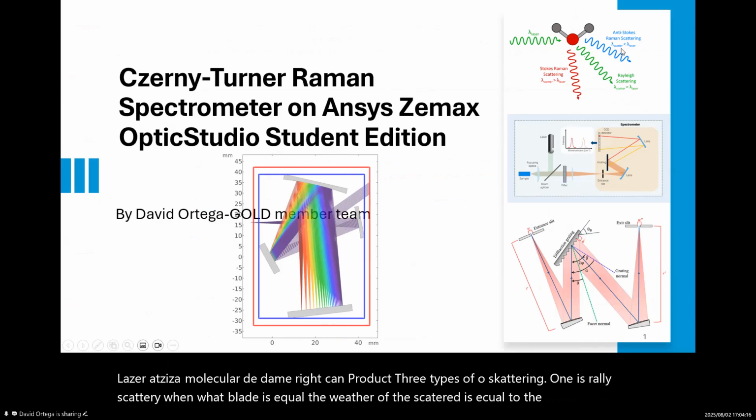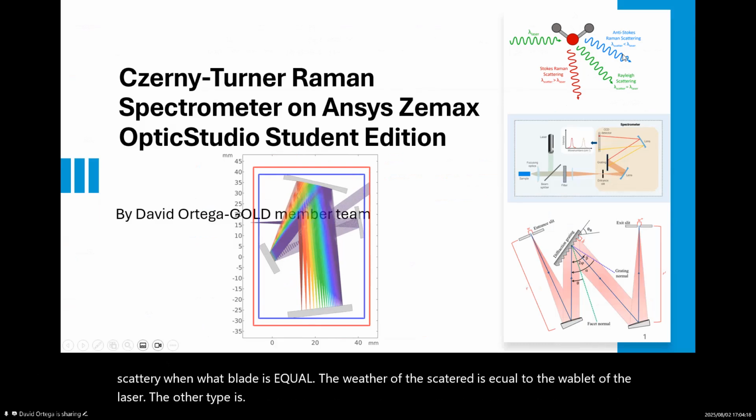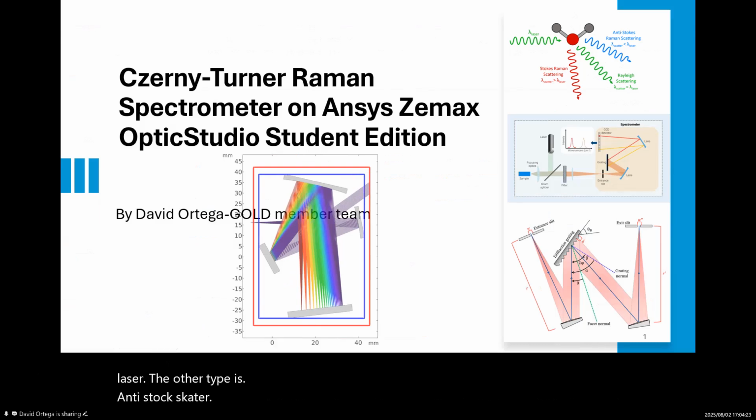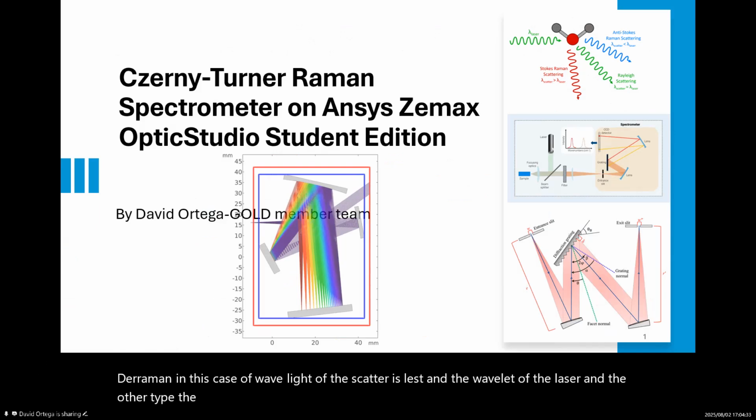The other type is anti-Stokes Raman, in this case the wavelength of the scatter is less than the wavelength of the laser. And the other type is Stokes Raman, when the wavelength of the scatter is greater, or bigger, than the wavelength of the laser.